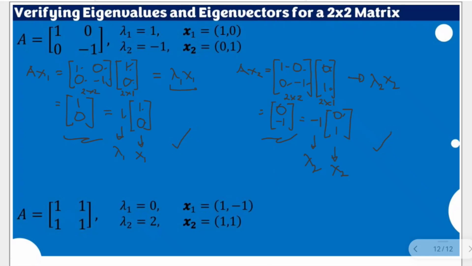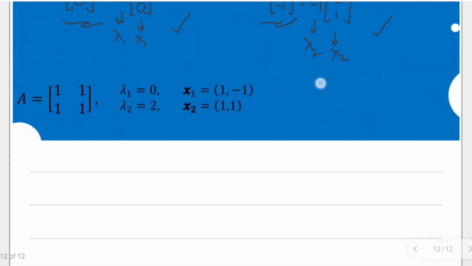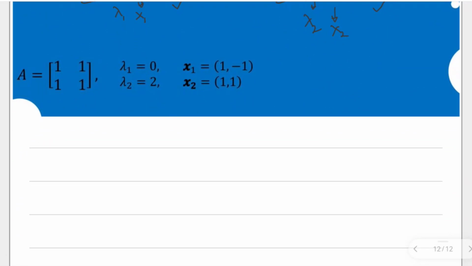Now, we have another matrix A here, another set of eigenvalues and corresponding eigenvectors. Let's use the spaces here at the bottom. So let's do the same thing. For the first set, you have A, x sub 1. So you have A being 1, 1, 1, 1 to be multiplied with your x sub 1 of 1 and negative 1.